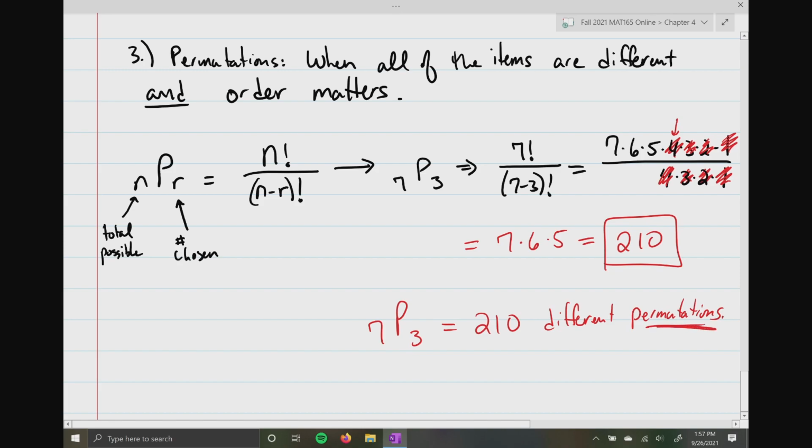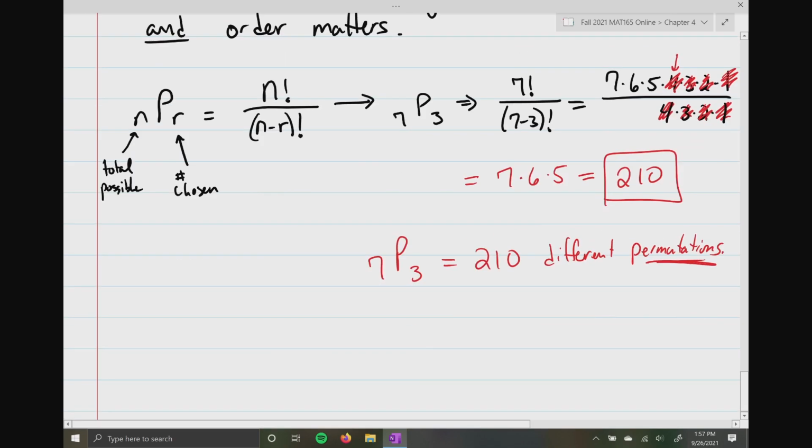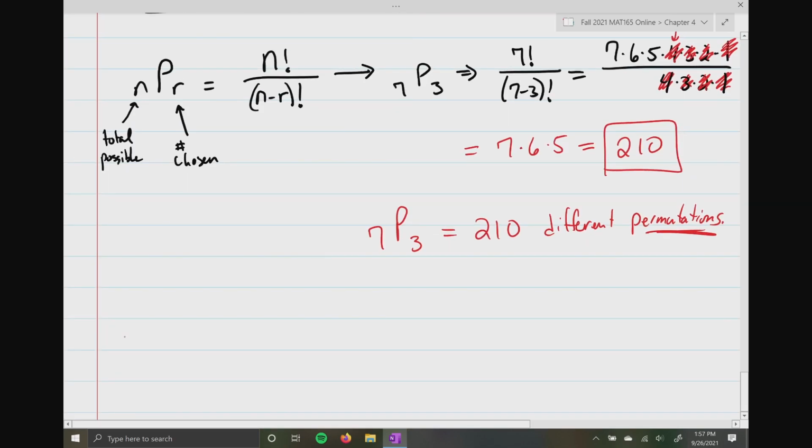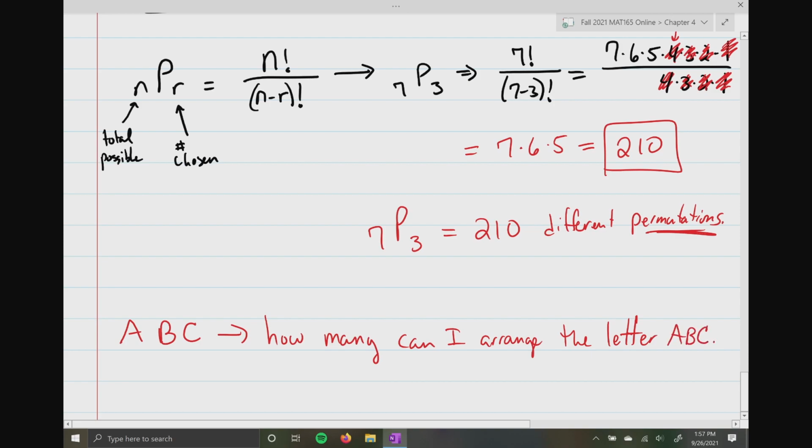So hopefully now you're sitting there thinking to yourself, okay, well, what do you mean by permutations? And this is what I mean by a permutation. Let's say we had 3 letters, A, B, and C. How many ways can I arrange the letters A, B, C?